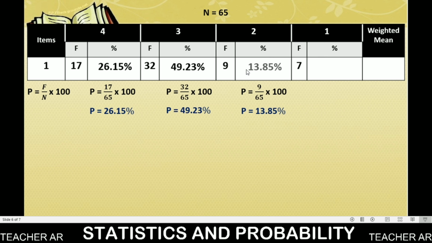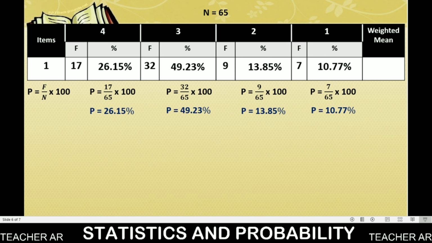So our percent in legend 2 is 13.85%. And in legend 1, 7 divided by 65 times 100, the result is 10.77%. So the percent in legend 1 again is 10.77%. So we are done computing the percent.